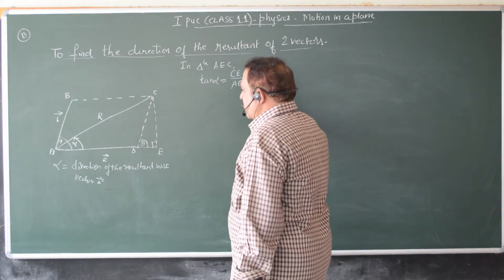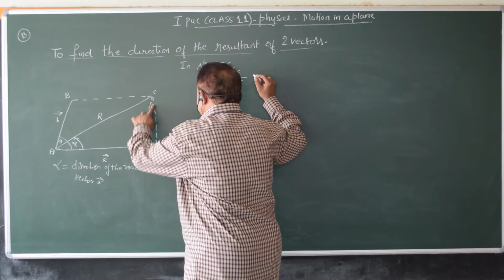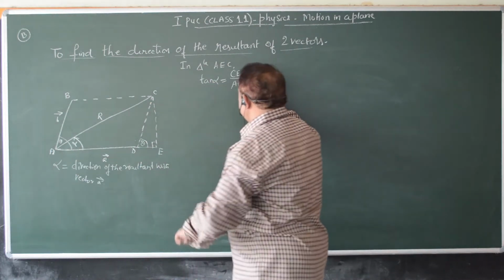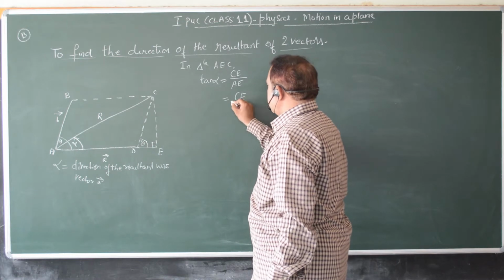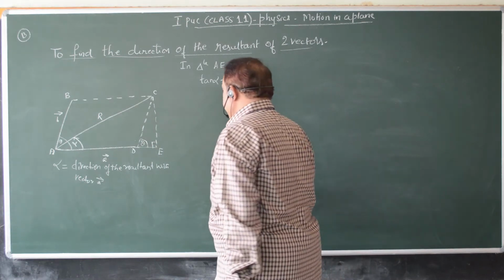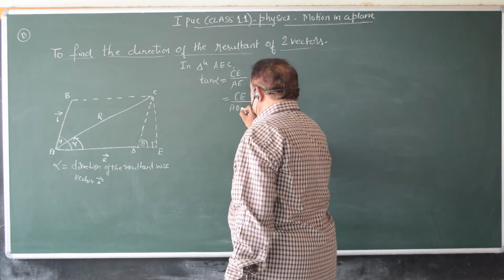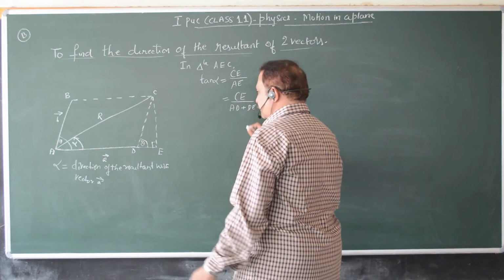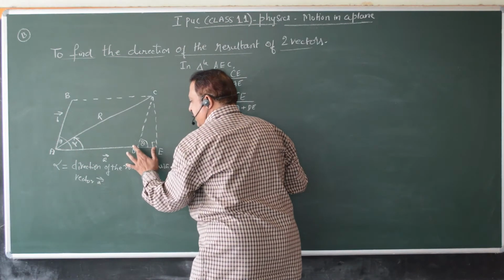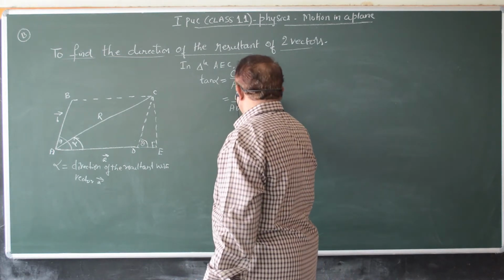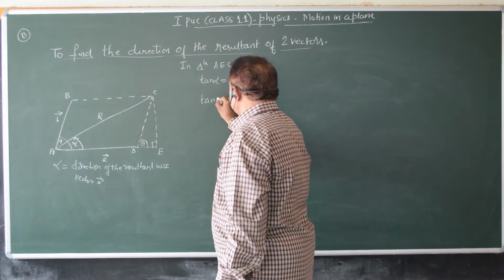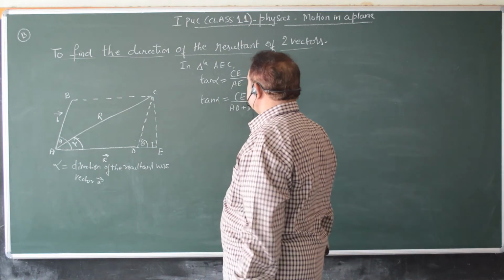I will write this as CE divided by AE, which is the sum of AD plus DE. Now, this is tan alpha. Let me call this equation 1.